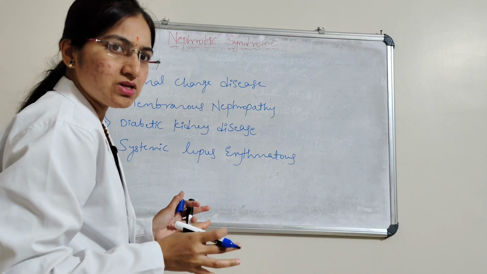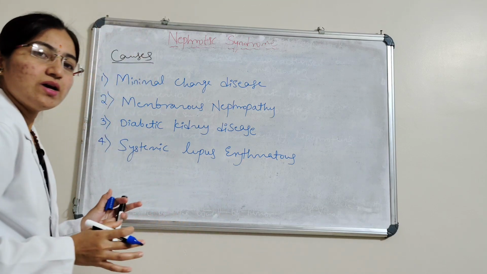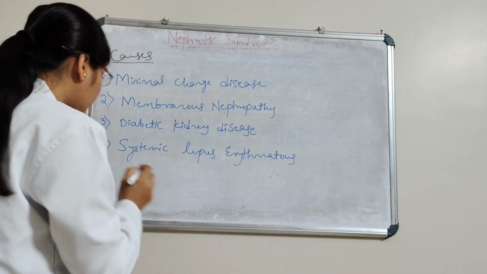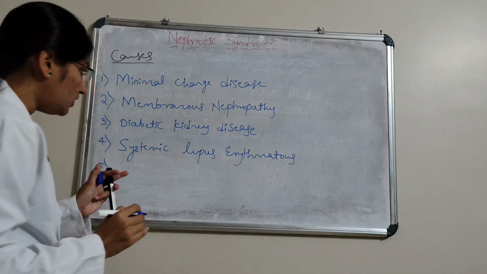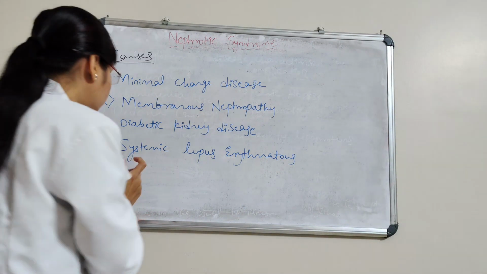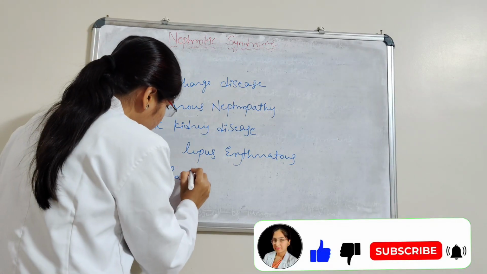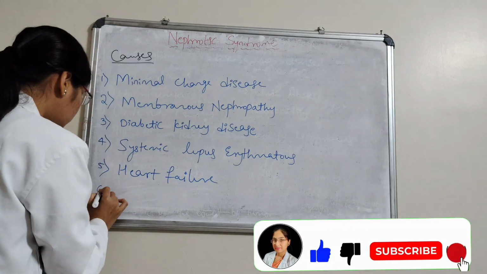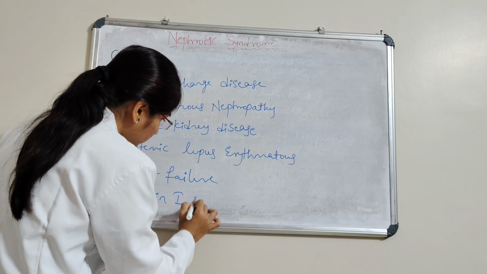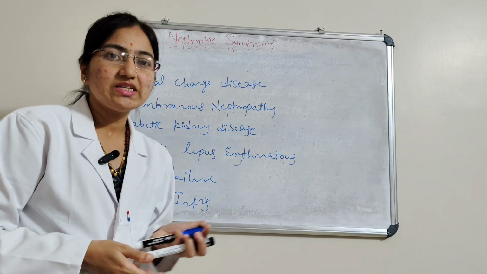The immune system attacks its own cells, tissues, brain cells, lungs, and the kidney is also involved. After that, heart failure we can see, and then certain infections we can see. These are the causes for nephrotic syndrome.